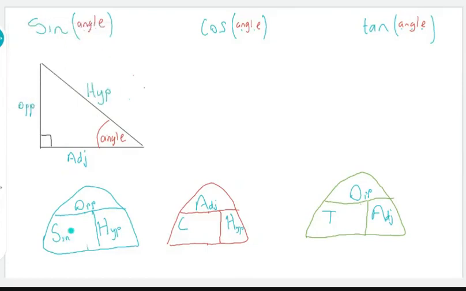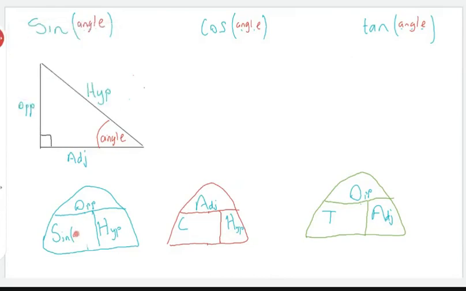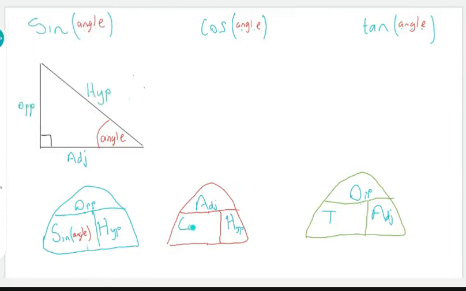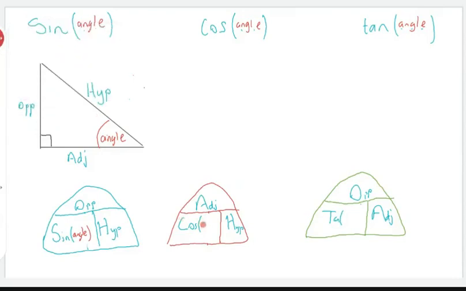So sine of angle. And then you've got cos of angle, and then tan of angle.